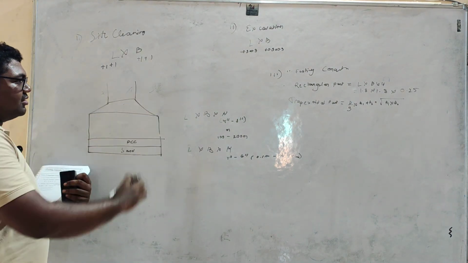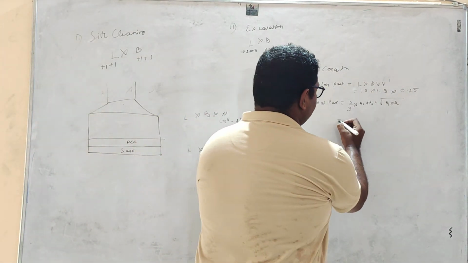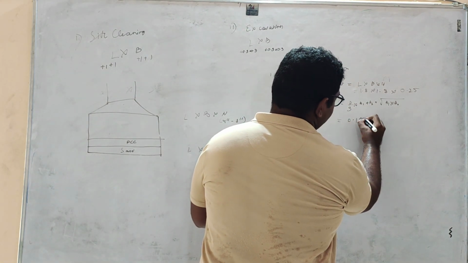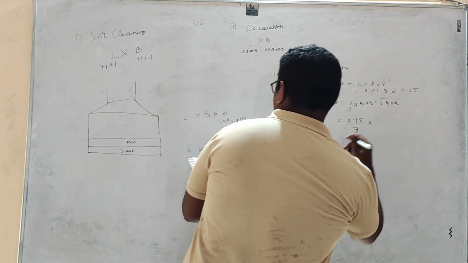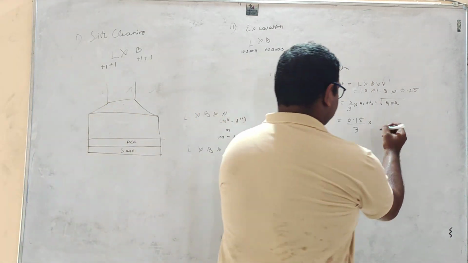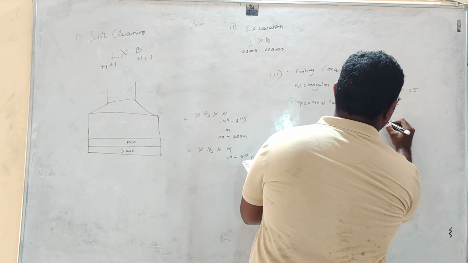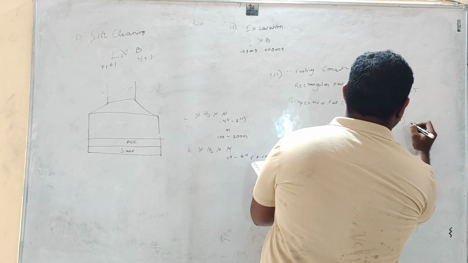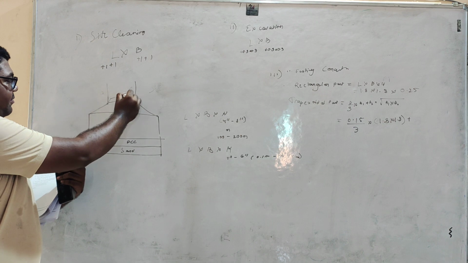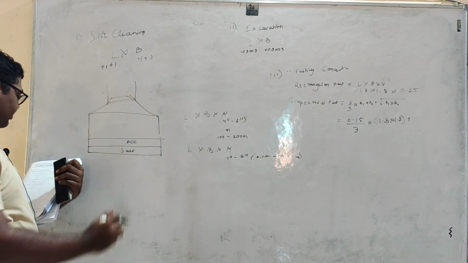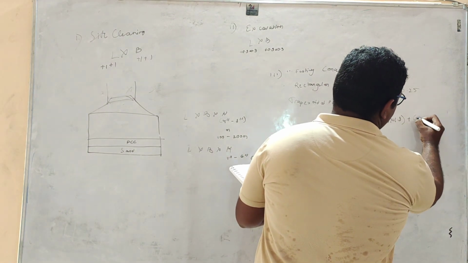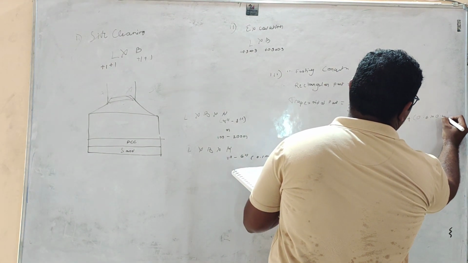Next, we will be calculating the trapezoidal part. First, we will be dividing the depth by 3. Depth given here is 0.15 meters. A1 is the area of the rectangular base, plus A2 is the area of the top of this trapezoidal portion, that is given in the plan, that is 0.6 into 0.45.